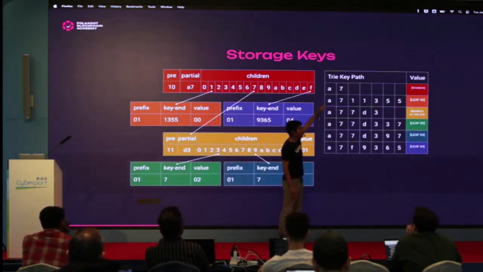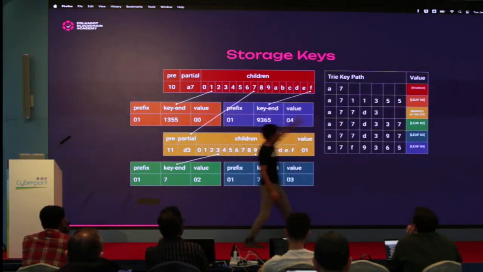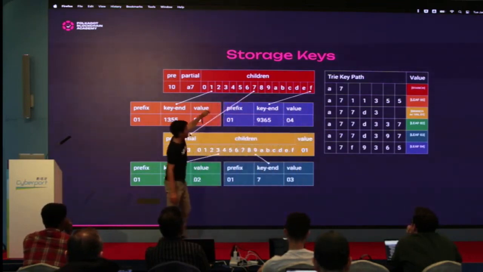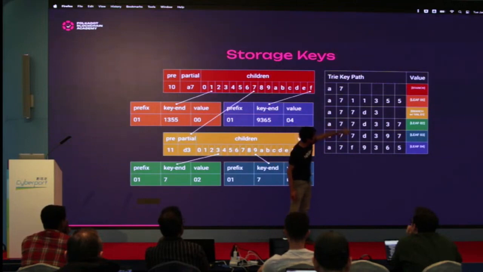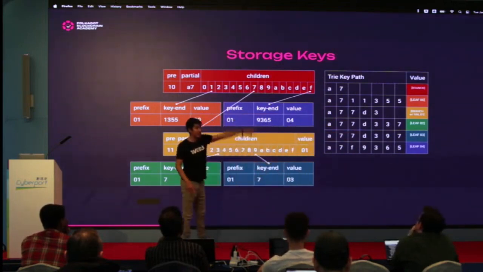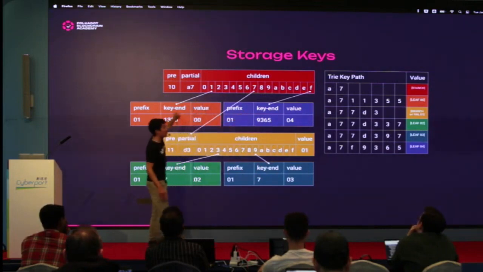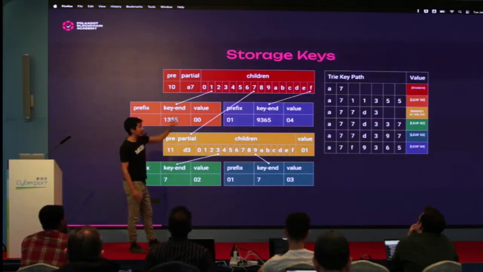There is the key path, which we turn into a Patricia tree here. Again, you can see that all these keys share some information. They all have A7. Some of them have 7 in this third digit, some have D, some have 3, etc. We're able to compress this set of keys down to a Patricia tree over here. That's the first kind of key.